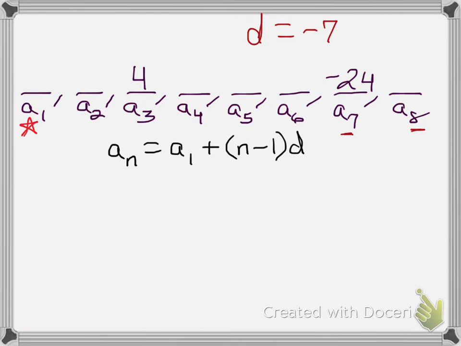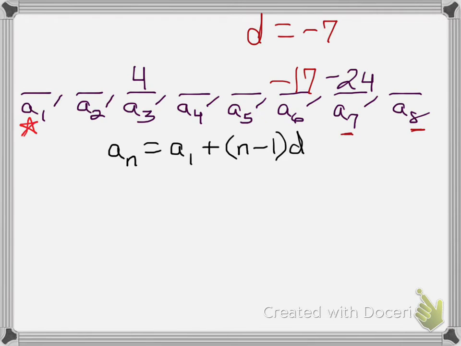So if I want to go backwards and figure out what the previous term was, what's the opposite of subtracting? You got it. I'm going to have to add 7. So when I do that, negative 24 plus 7 gives me negative 17, and so forth and so forth. All I do is just keep adding 7 to get the previous term.